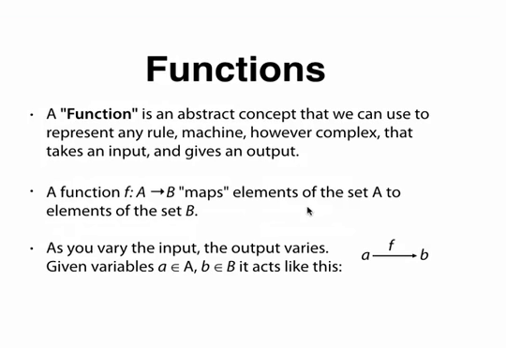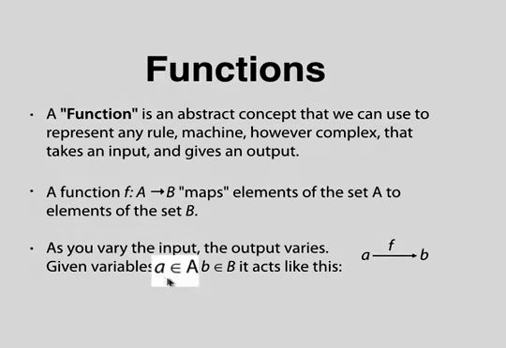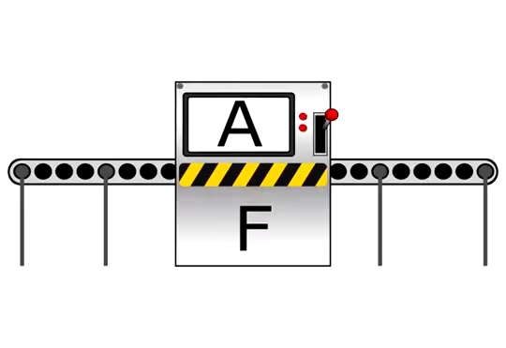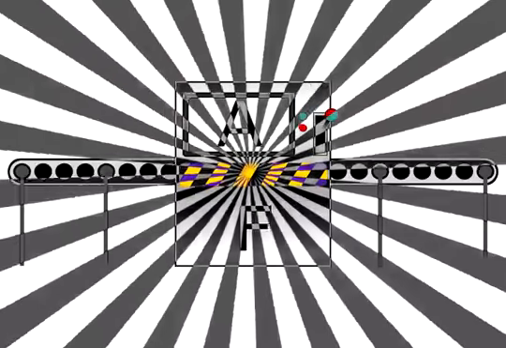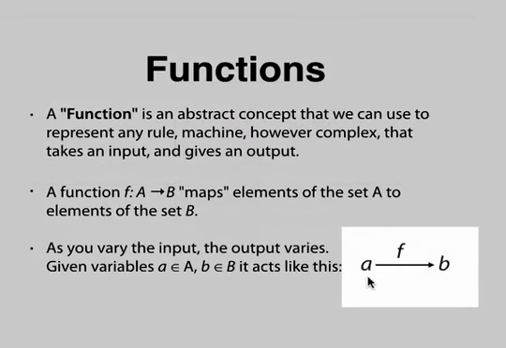And let's explore this. One way you can look at it is, here's a. It's a variable. Now, small a comes from the set A. This thing is a variable, so it could stand for any member of this set. And so then you take a, you put it into the machine, f does something with it, and out comes b. Every time you put in a, f does the same thing, and you get the same b.